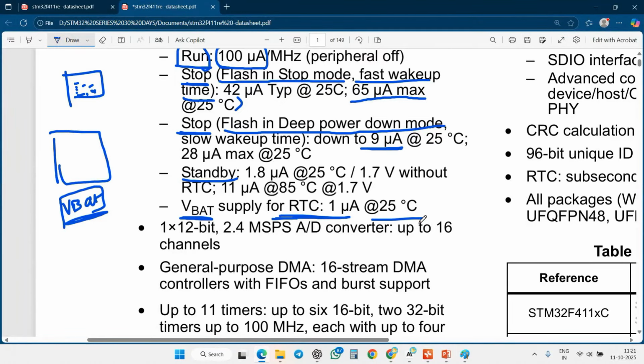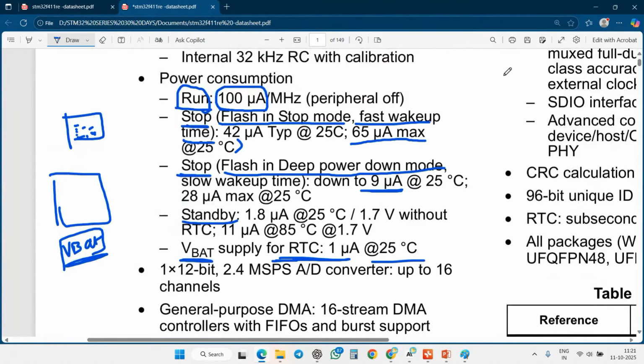That's the temperature. So when your processor is working hectically, it takes 100 microamps, and stop means it is not completely stopped. In the background, the flash memory is working and storing some data. That is called stop mode with fast wake up.